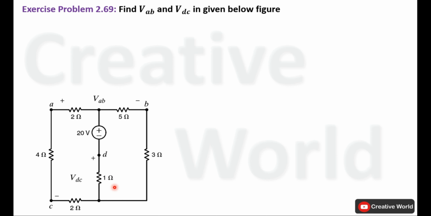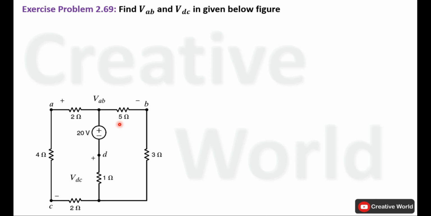And for the calculation of voltage across these resistive elements, we should have the value of current through these resistive elements. Only in that case will we be able to calculate voltage across these elements. So first of all, we will try to find out current through these resistive elements. Later on, we will be able to calculate voltage across these resistive elements.